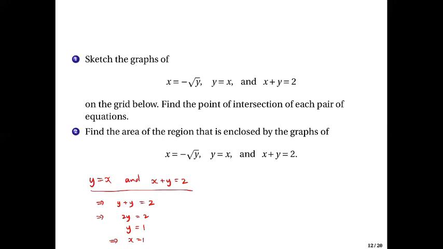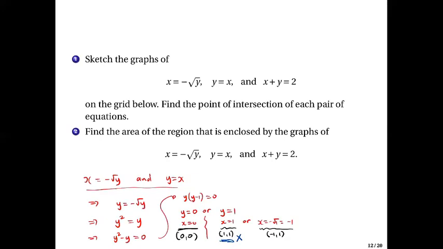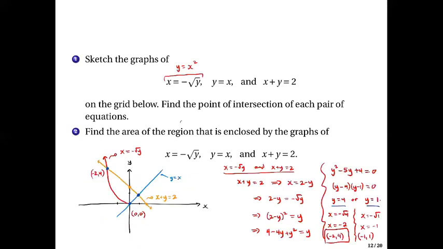So for this pair of curves, the point of intersection is (1, 1). So if we go back to the sketch, we have this point here, (1, 1).